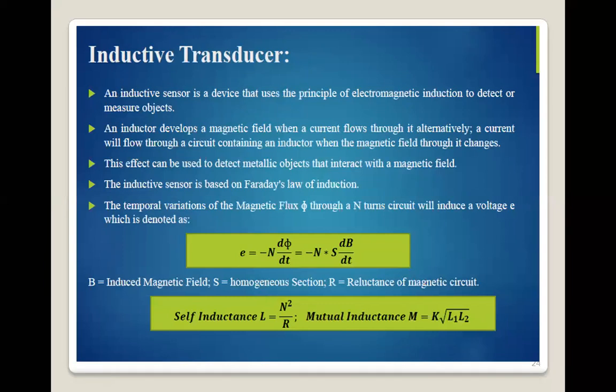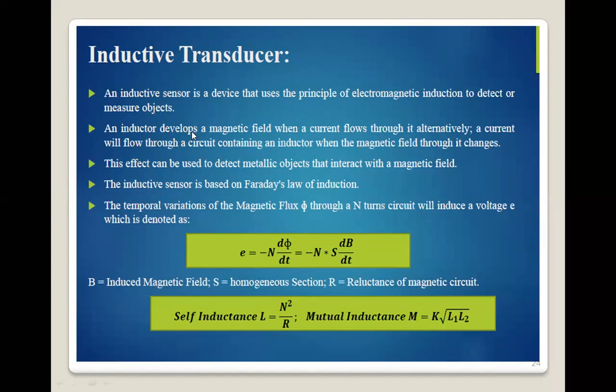The third type is the inductive type of transducer. So in the inductive type of transducer, an inductive sensor is a device that uses the principle of electromagnetic induction to detect or measure any object.